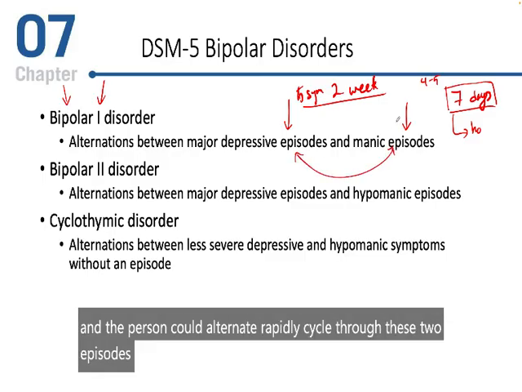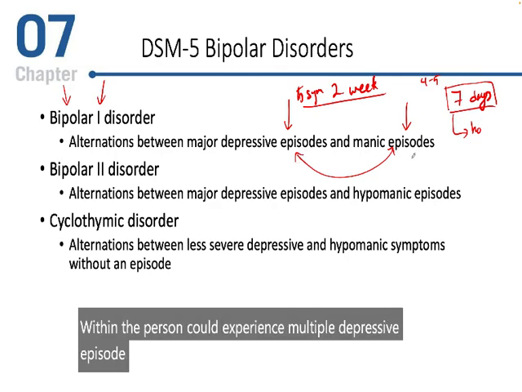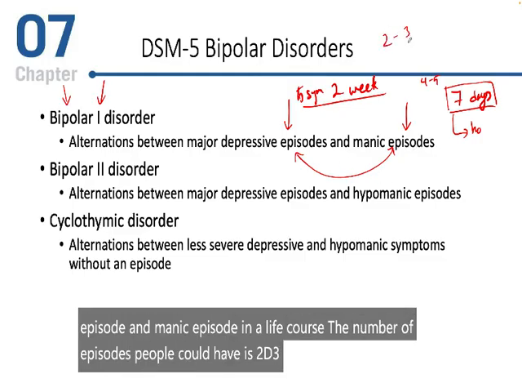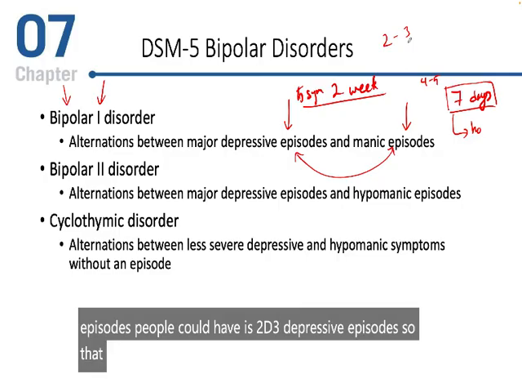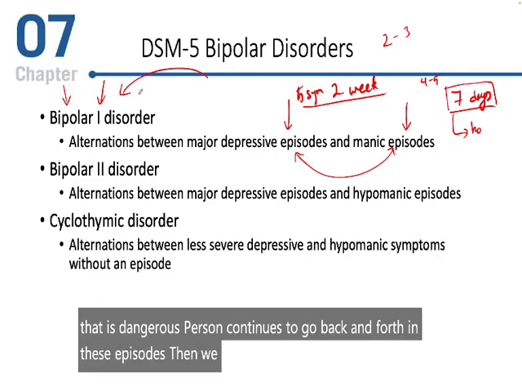Within 9 months, the person could experience multiple depressive episodes and manic episodes. Over a life course, the number of episodes people could have is 2 to 3 depressive episodes. So that is dangerous, right? The person continues to go back and forth in these episodes, then we know it is bipolar disorder.